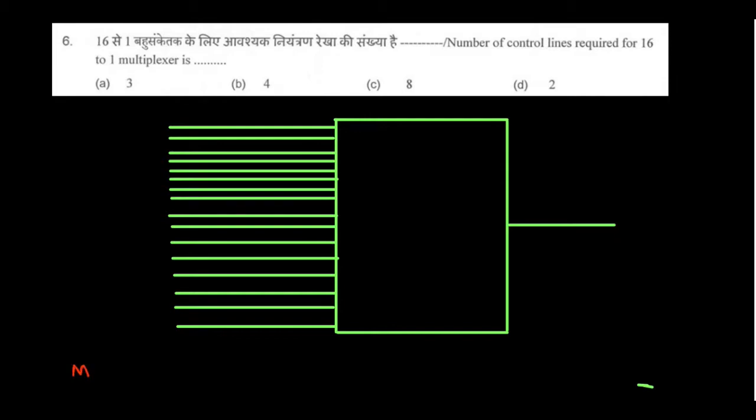You have to remember this word, many to 1. Multiplexer means there are going to be many inputs and only one output. This is also known as data selector.